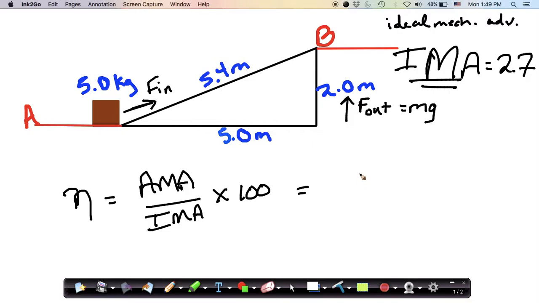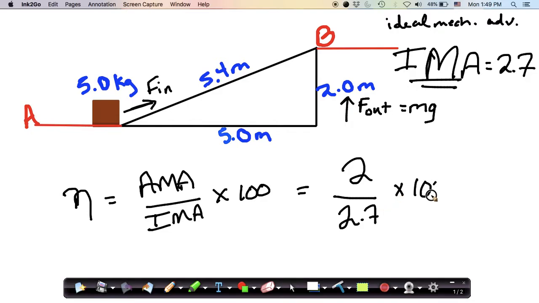Okay, so we had just calculated an actual mechanical advantage with the ratio, in this case, of the output force to the input force. We got 2 for our actual mechanical advantage. When we took the ratio of the input distance to the output distance, we calculated 2.7 for our ideal mechanical advantage.